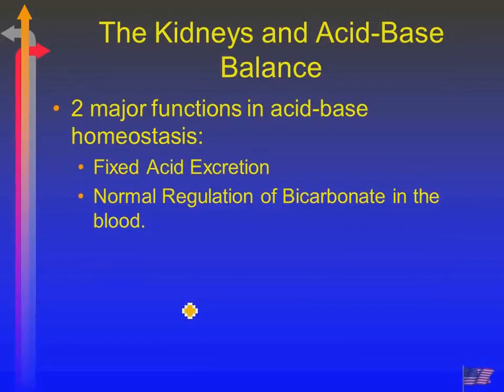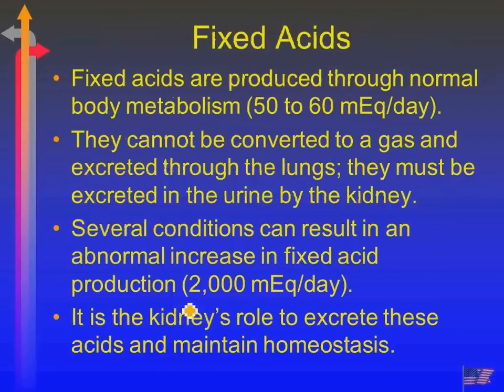Specifically here, bicarbonate is the one that we're going to talk about, but it also regulates, obviously, sodium and chloride and potassium. Fixed acids are produced through metabolism, and again, they have to be excreted through the kidneys, and depending upon multiple factors, you can get an increase in that fixed acid production quite significantly, as a matter of fact.